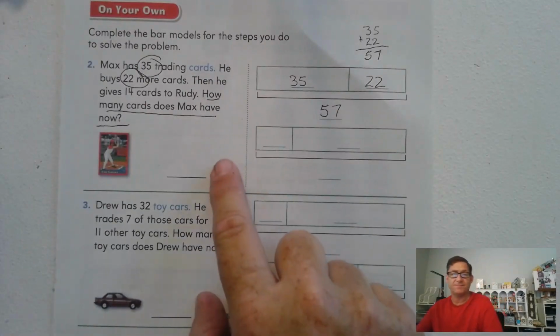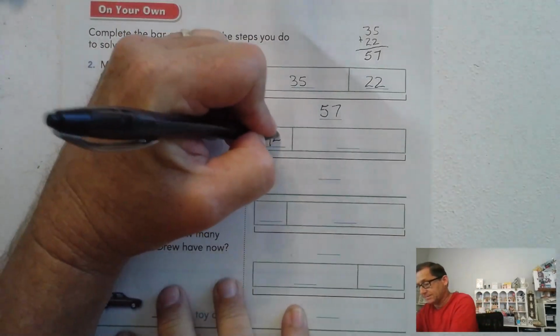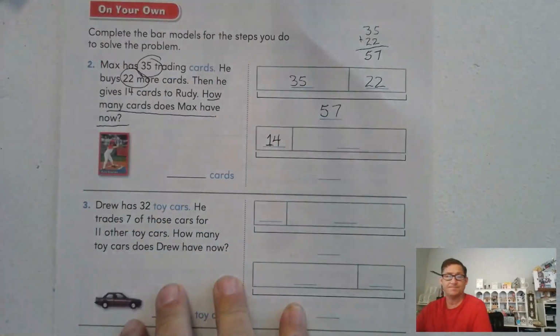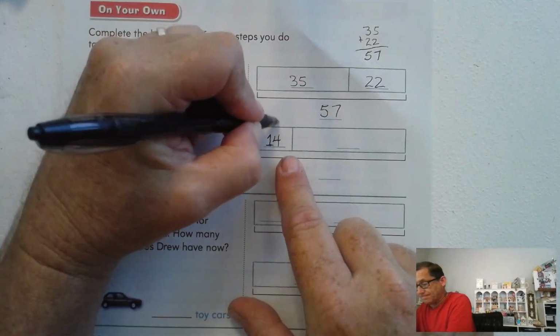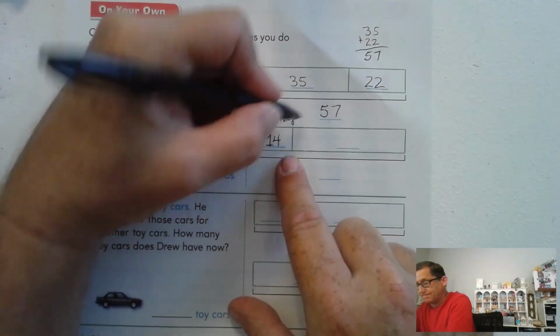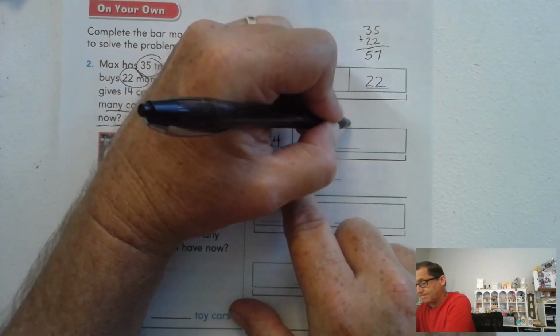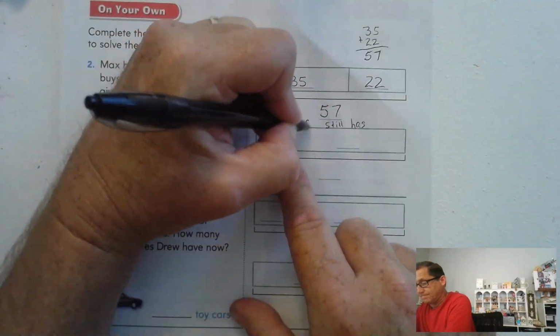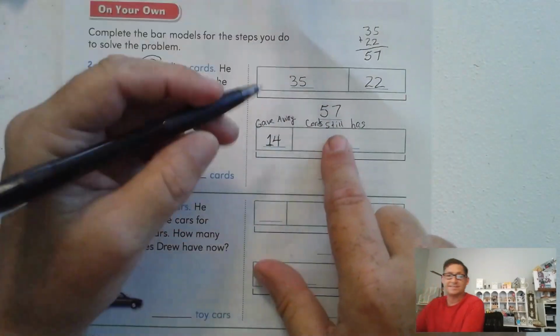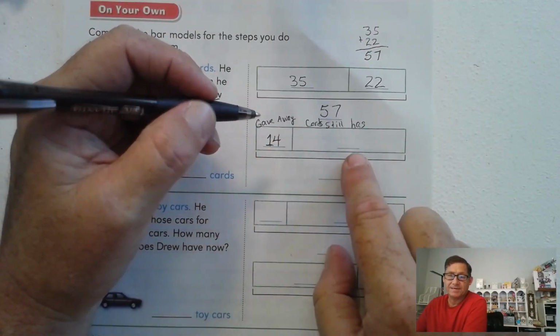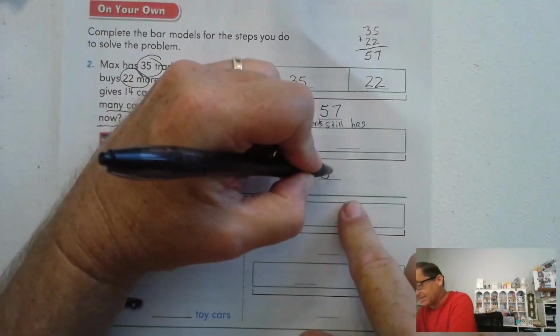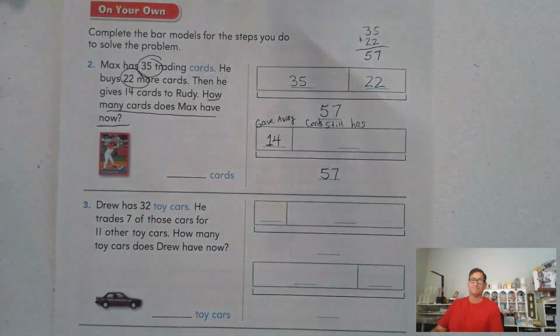Then he gives 14 cards to Rudy. So the cards he gave away, and the cards he still has. So the amount he gave away plus how many he still has have to add up to 57.